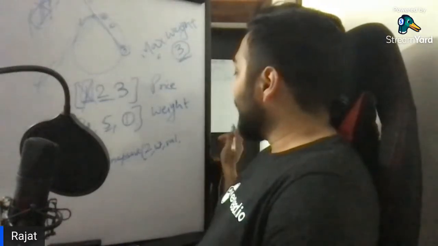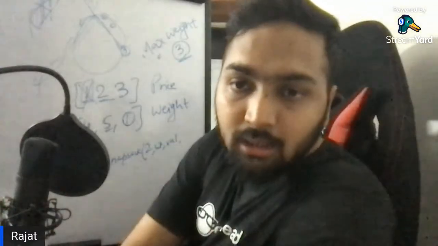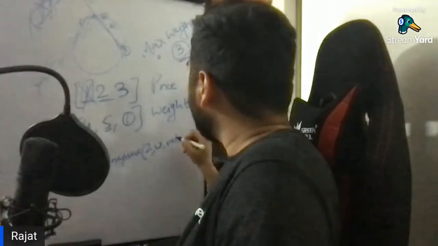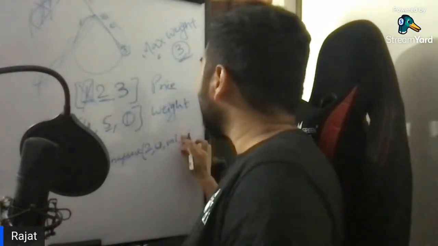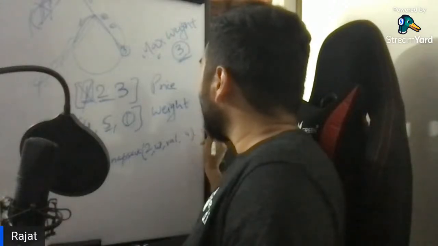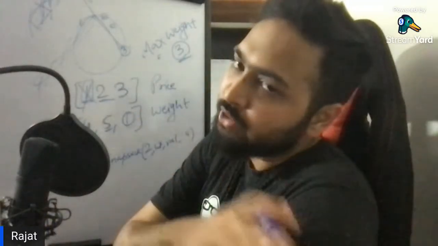So now W will be called with 2, comma weight, comma val, comma, I don't know if it's visible or not, weight, comma val, comma, what will be the final thing? N, right? Now I've reached the end, so n will be greater than 3. Obviously n will be 4, let's say. I'm not decreasing, I'm increasing. Let's assume that I'm increasing from 0 to n.